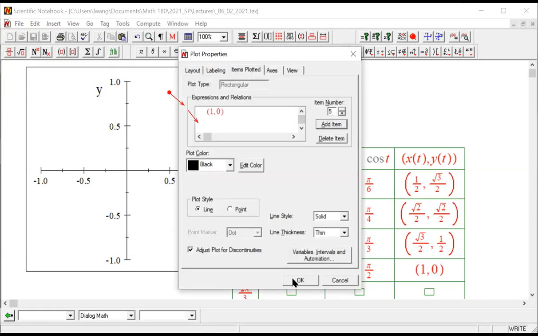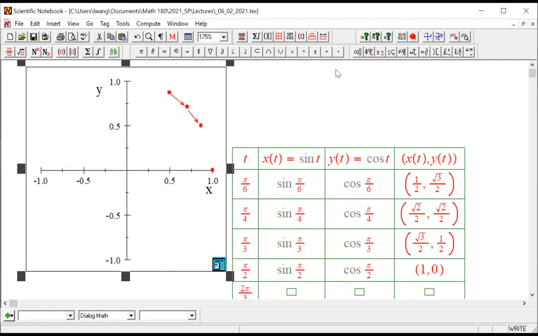Isn't that interesting, the way we get our points? We make sure t increases, right? So we keep going, we can see the point is going around the unit circle, going that way, and keep going.